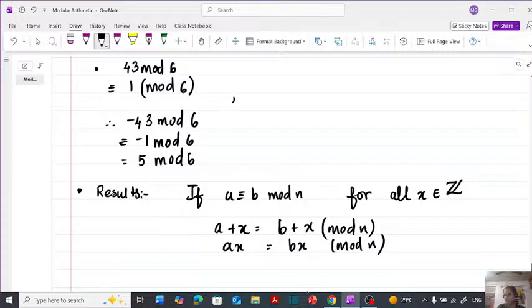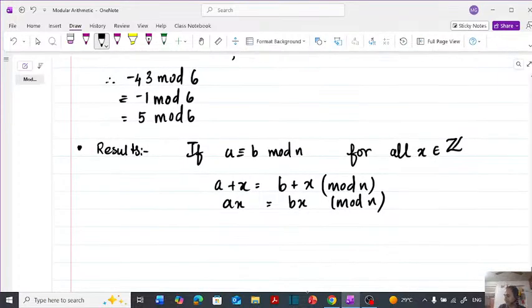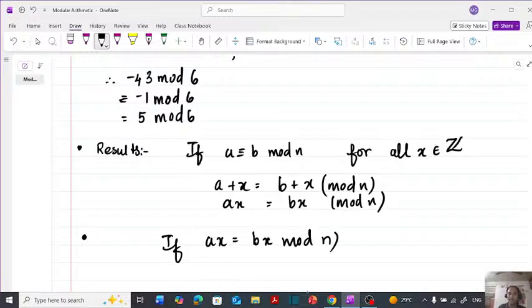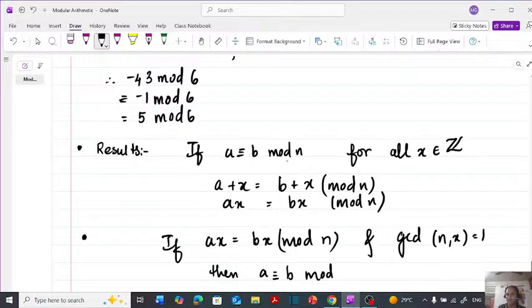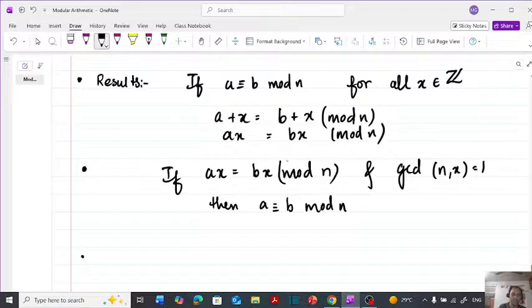This is very important. Now a further result: if AX is BX mod n, and GCD of n and x is 1, then I can say A is congruent to B mod n. This is very important.